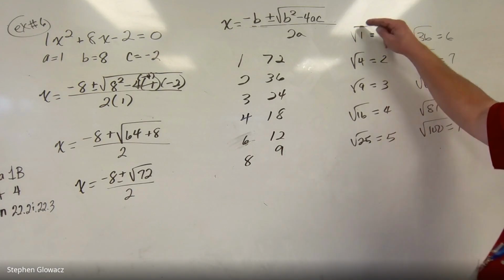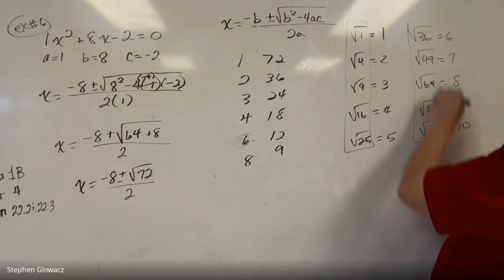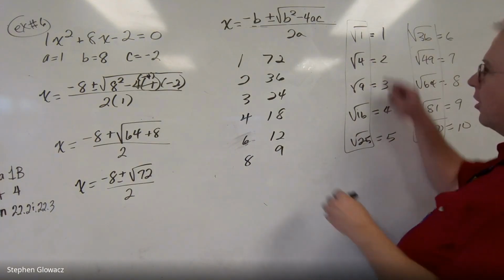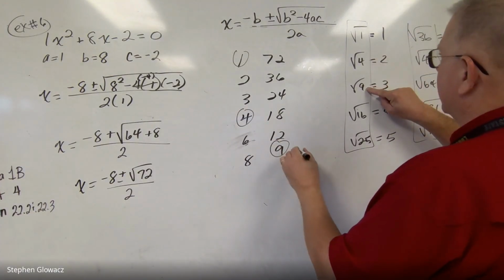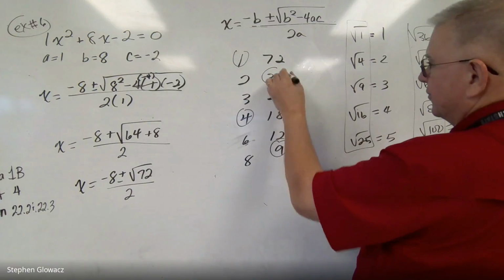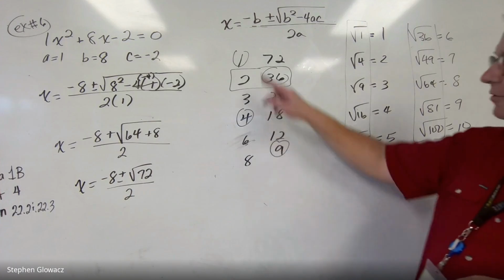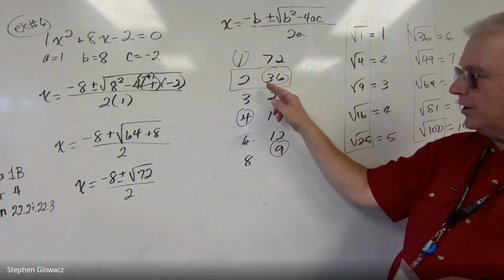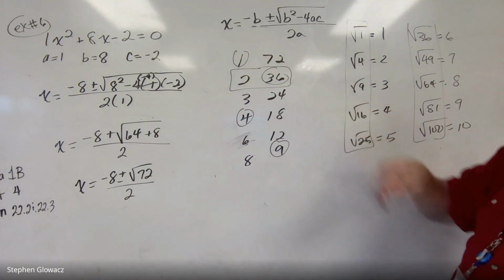Now the numbers that we're taking the square root of that are perfect squares that are on the list are 1, 4, 9, and also 36. As we remember from the last problem, we want the largest of those. That's the factor pair we're going to use to simplify that radical. The largest of those is 36.